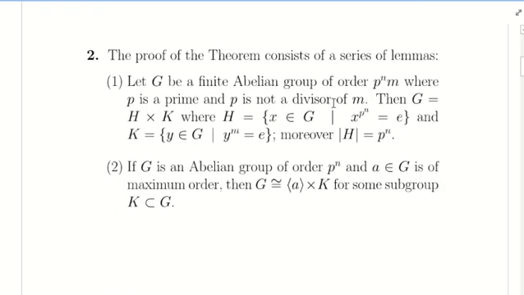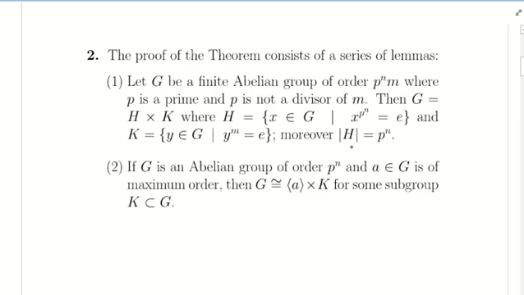First of all, if we take the order of the group and pull out all of its prime factors, for a specific prime number, p to the n, then we can rewrite the group as an internal direct product of all elements in G whose orders are a power of that prime, and then everybody else.